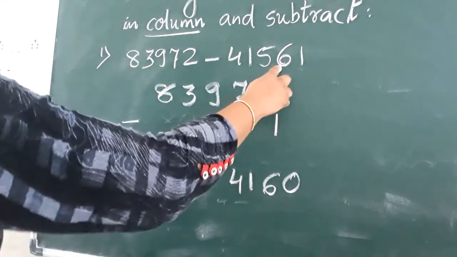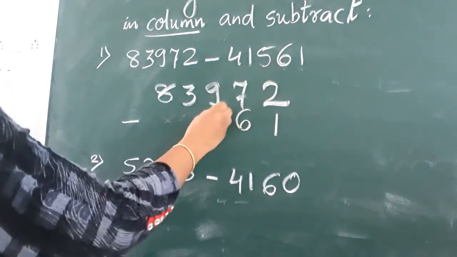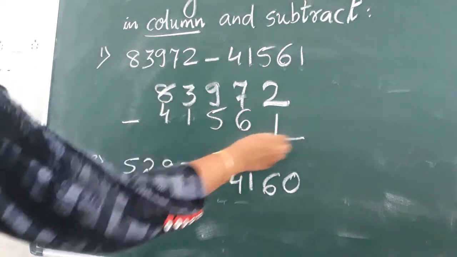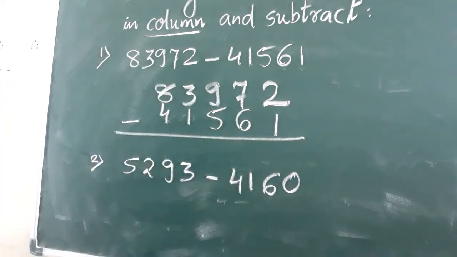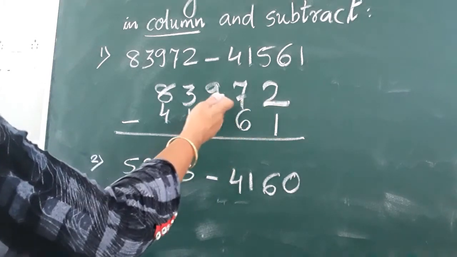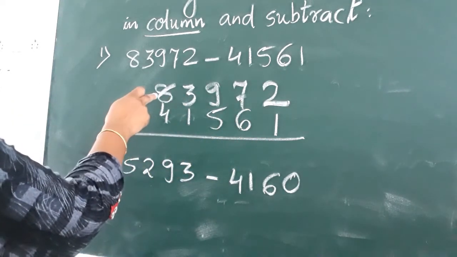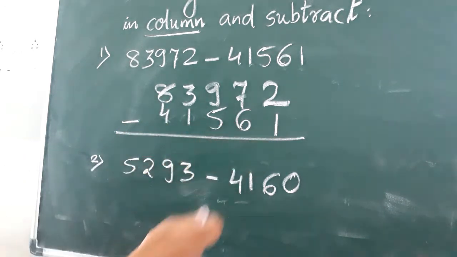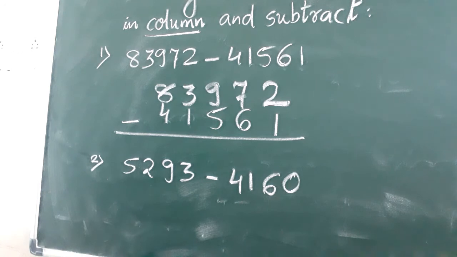So here 1, then 6, 5, then 1, and this is 4. Okay. Now subtract. Here you can see that the numbers in the top row are larger than the numbers in the bottom row, so these are questions without borrowing and very easy to solve.